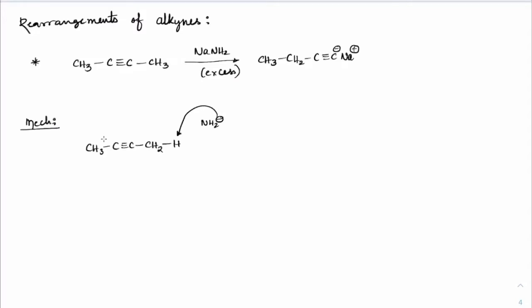NH2 minus will extract the proton from the CH3 here, although it is not very reactive, because the pKa of this particular carbon is quite high compared to that of NH3, around 45-46. But since you are using excess amount, this pushes the reaction in the forward direction to give CH3, C triple bond C, CH2 minus plus NH3.